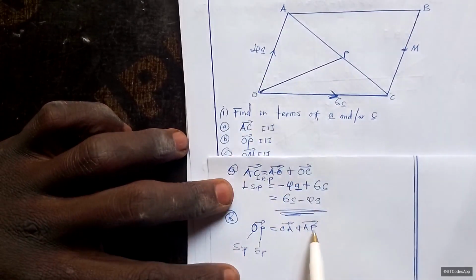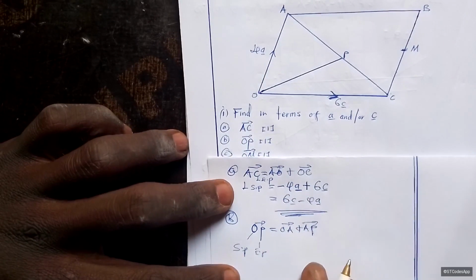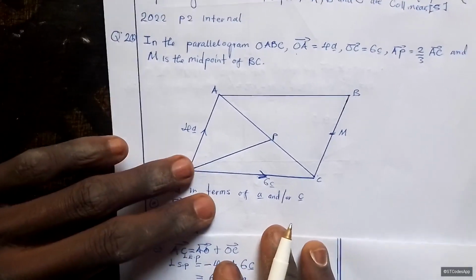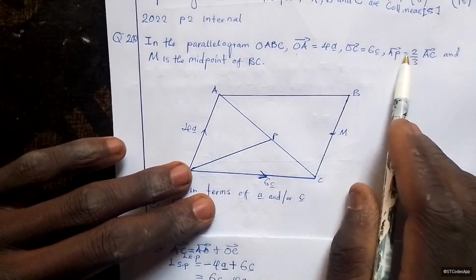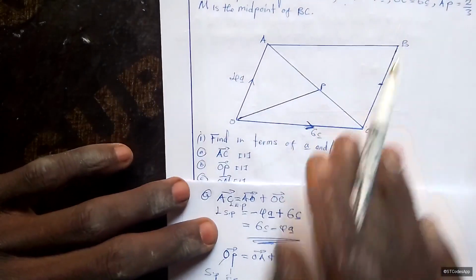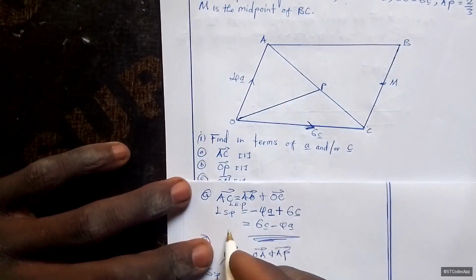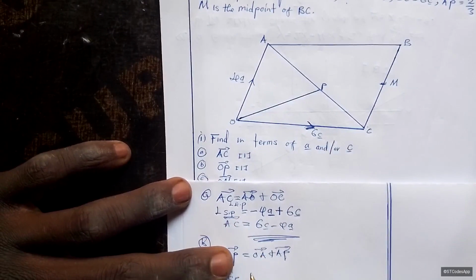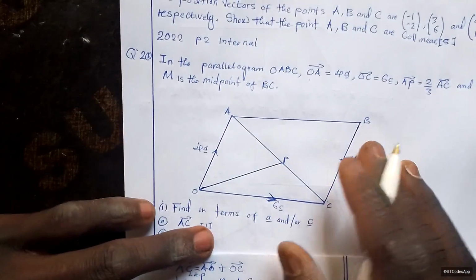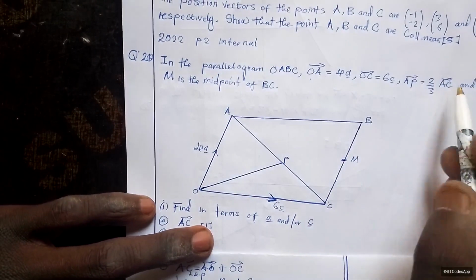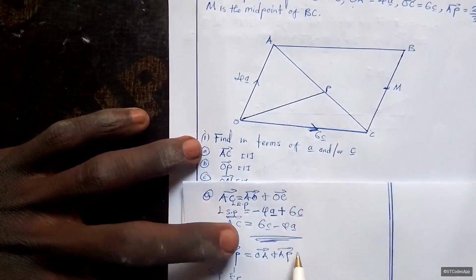Now, what about AP? AP we don't have, but it is very easy for us to find. They were saying in the statement that AP is equal to 2 over 3 of AC. And we have already calculated AC, which is here. So to find AP, we replace AC vector with the values we have found.